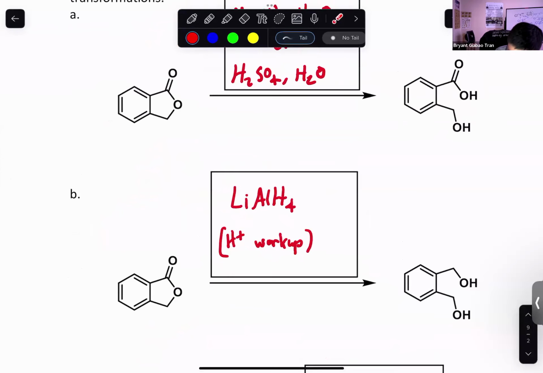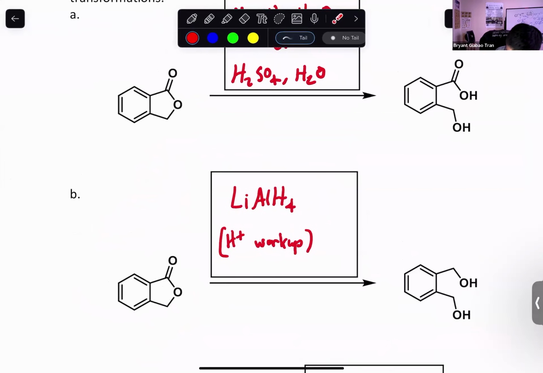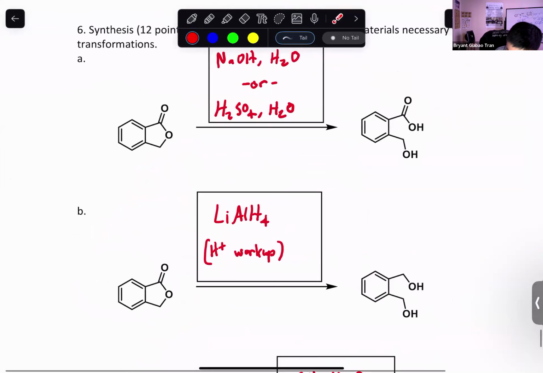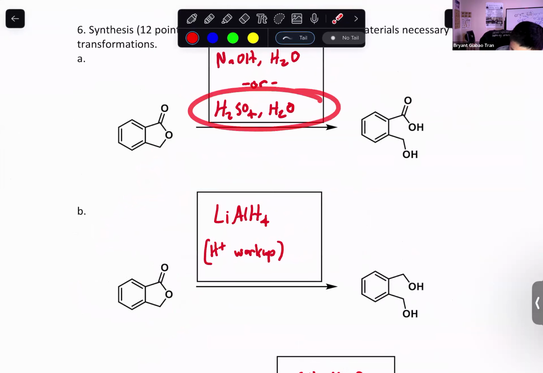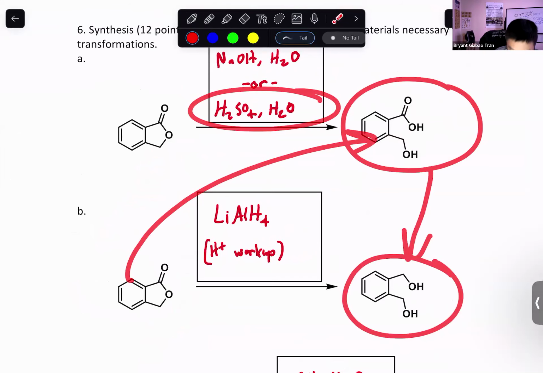The next step here, he just put one reagent, lithium aluminum hydride, which works. It reduces this ester down into the primary alcohol and gets rid of that carbonyl, right? But the way that we did it is that we did the hydrolysis to get into this step, and then we reduced that carboxylic acid into the primary alcohol, which works.